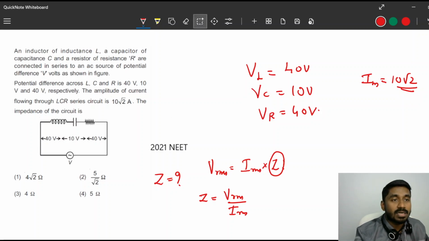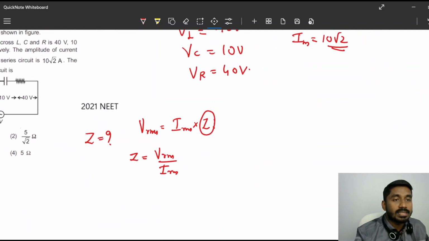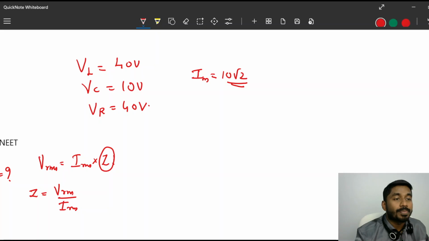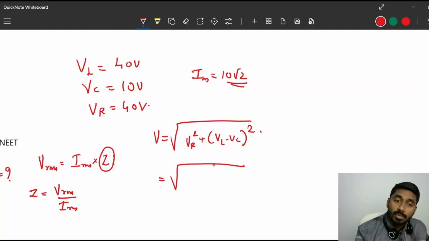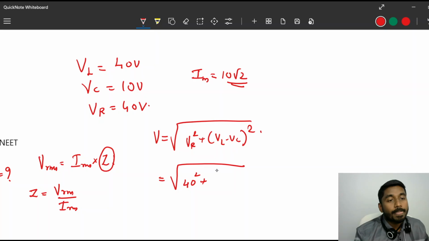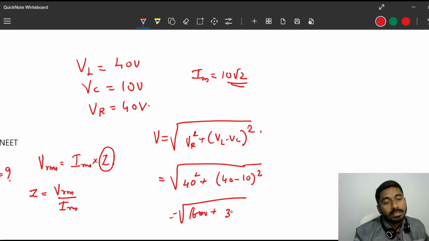The total voltage will be the square root of VR square plus VL minus VC the whole square, since the total voltage is the vector sum of the individual voltages. So VR is 40, square, plus 40 minus 10 the whole square. So you will get 1600 plus 900.